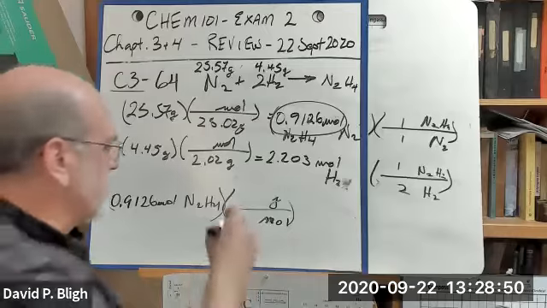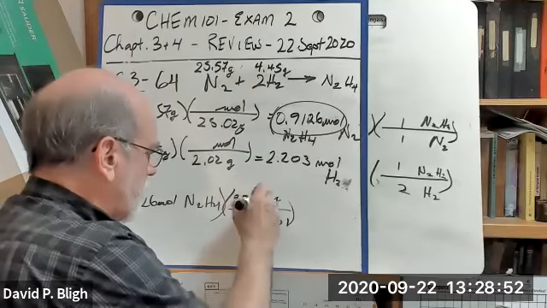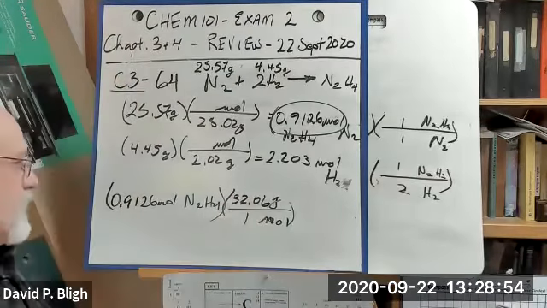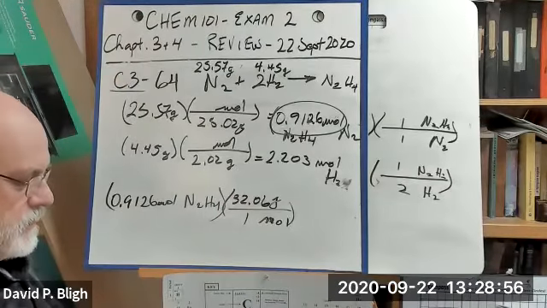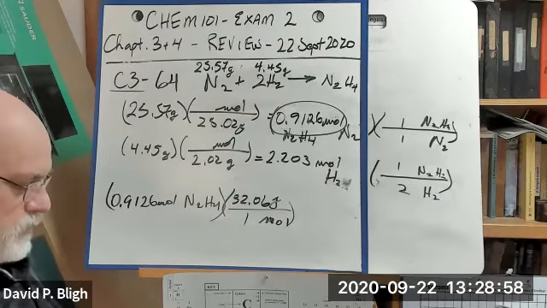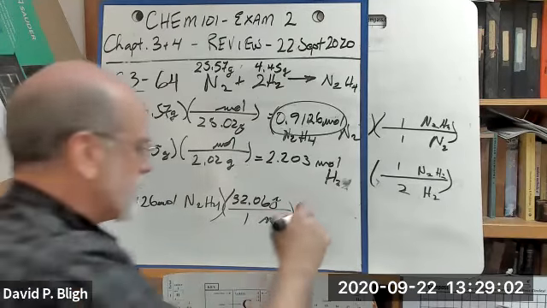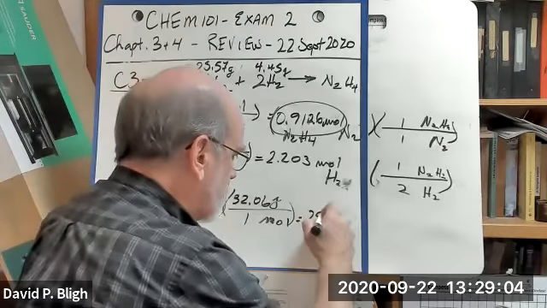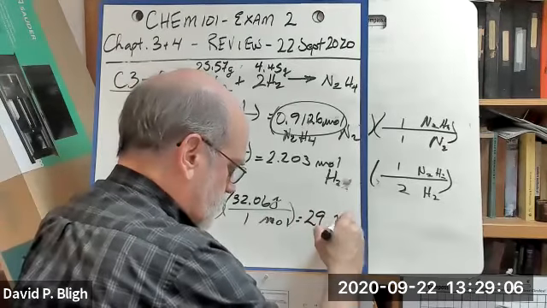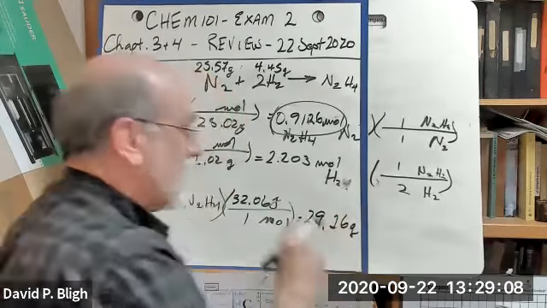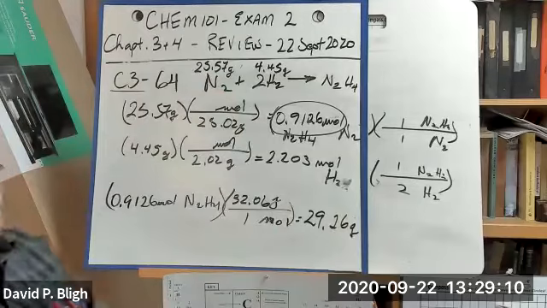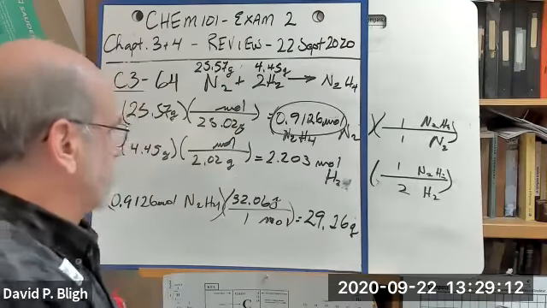So 32.06 is the molar mass of hydrazine, times 0.9126. So this is 29.26 grams, theoretical.